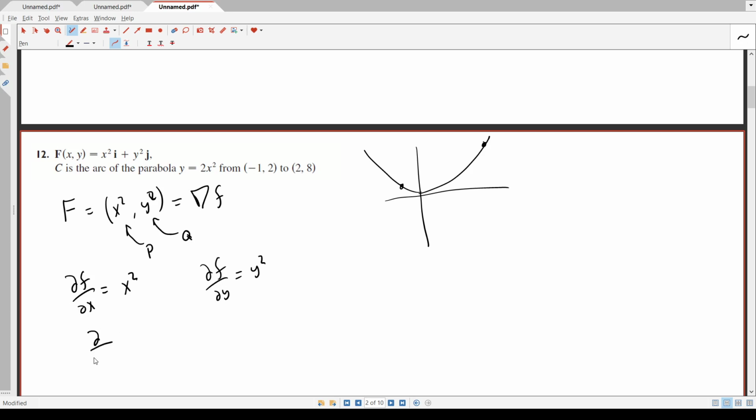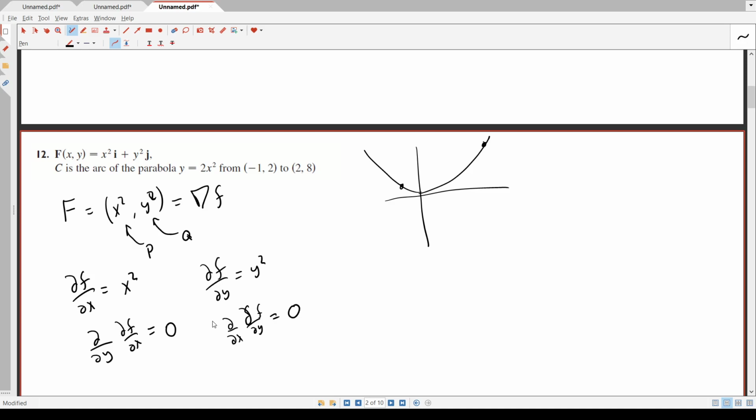So I'm going to take the y derivative of this one. That's the y derivative of x squared, which is just 0. And then I take the x derivative of the y derivative, which is also going to be 0.